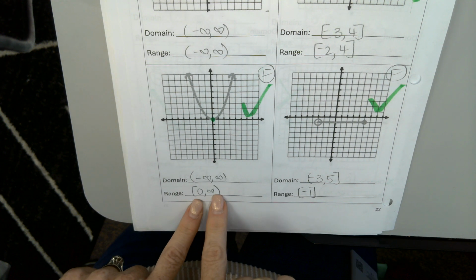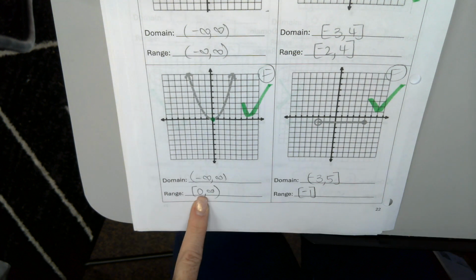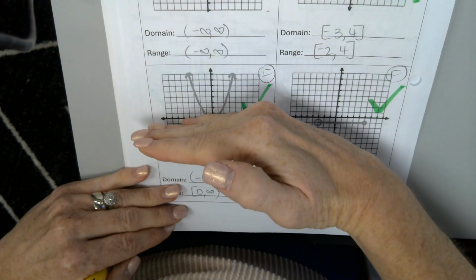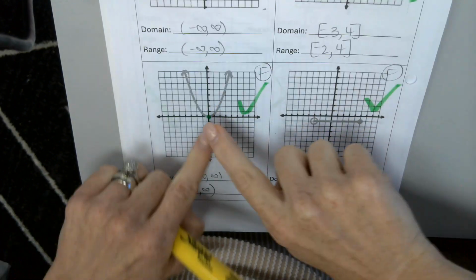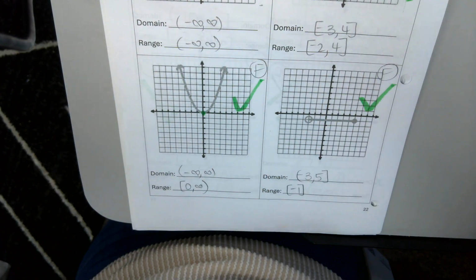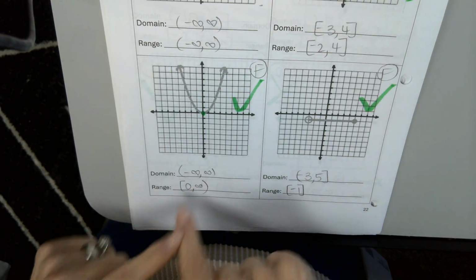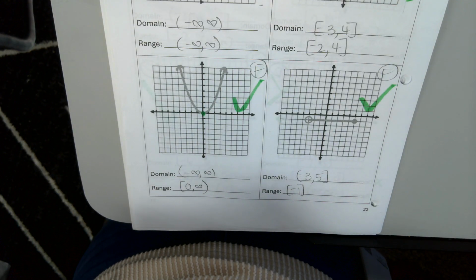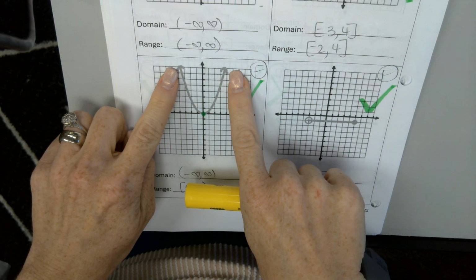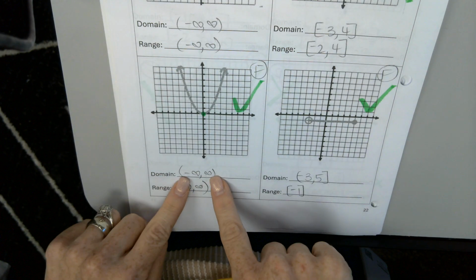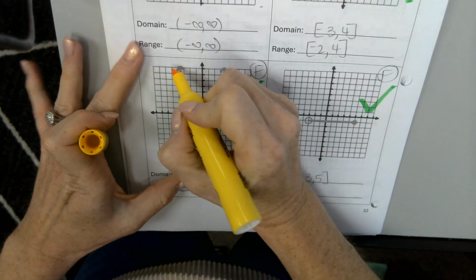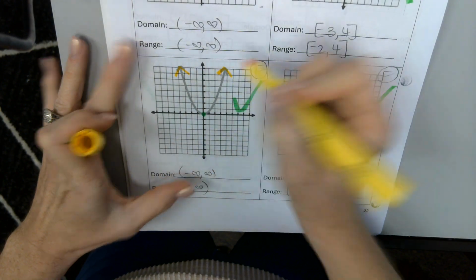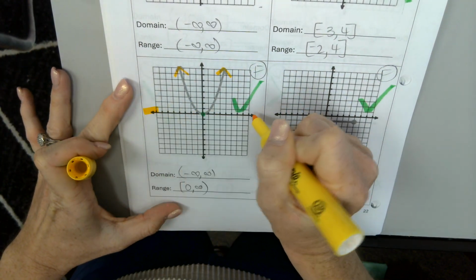So right here? Yeah. Okay, yes, so remember my range is bottom to top. So right here is where it starts, and then those arrows indicate that it's never going to stop. So that's why I did it on up to infinity.